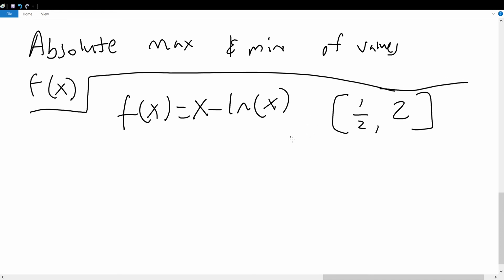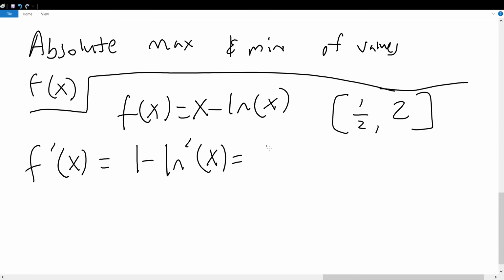Well, we do this the same way. You find the derivative of f of x, which in this case would be 1 minus the derivative of ln x, just 1 minus 1 over x, which is equivalent to x minus 1 over x.